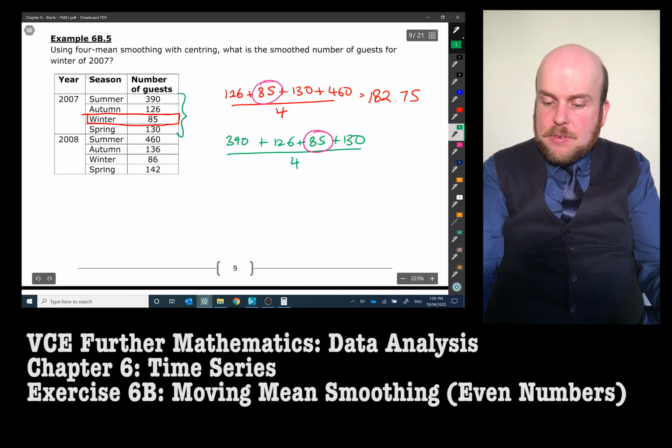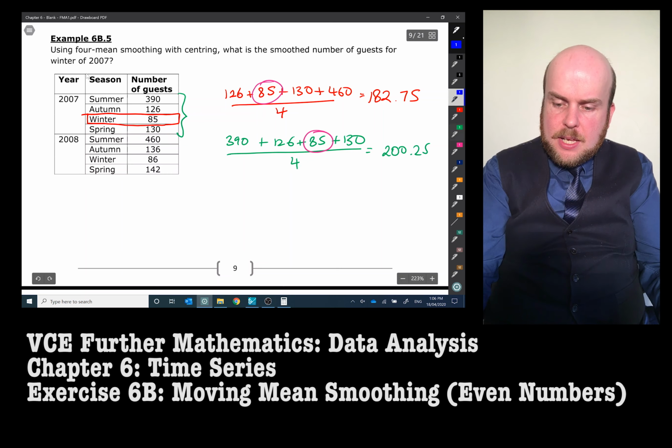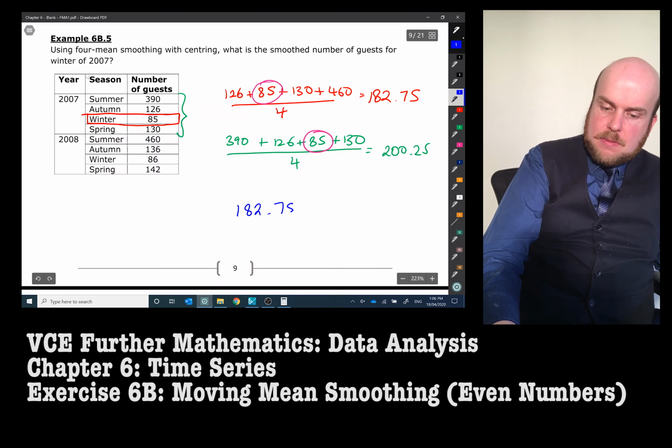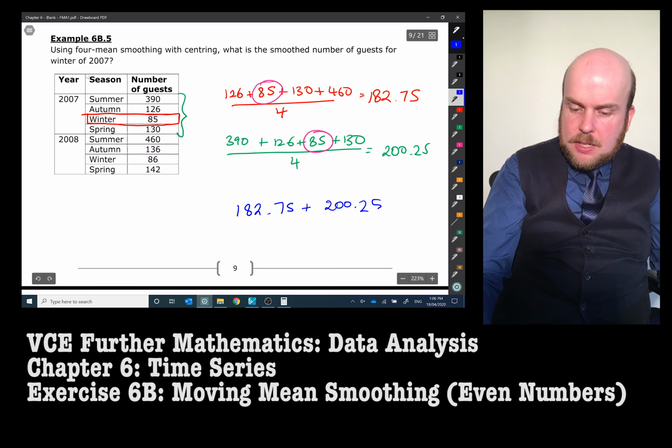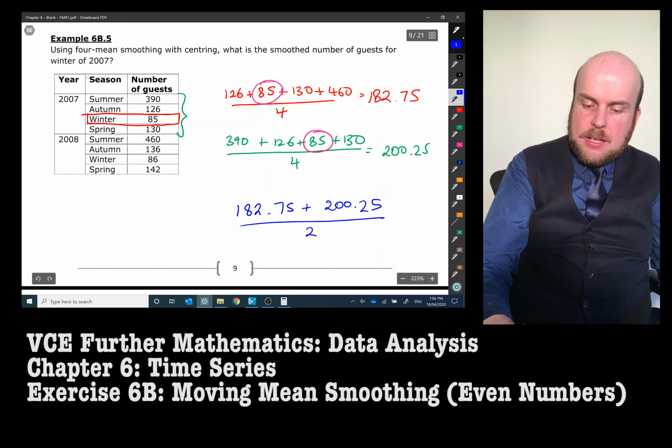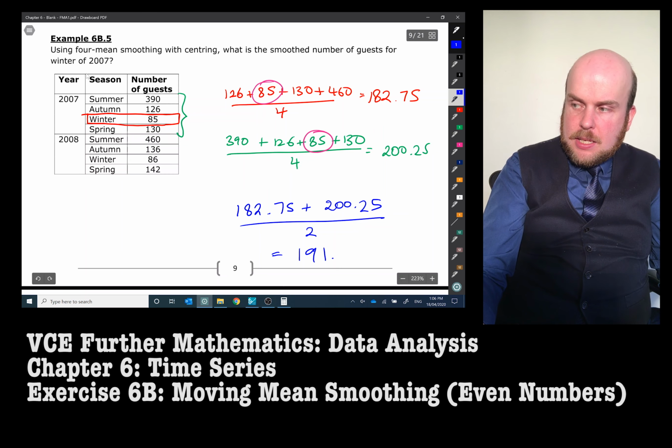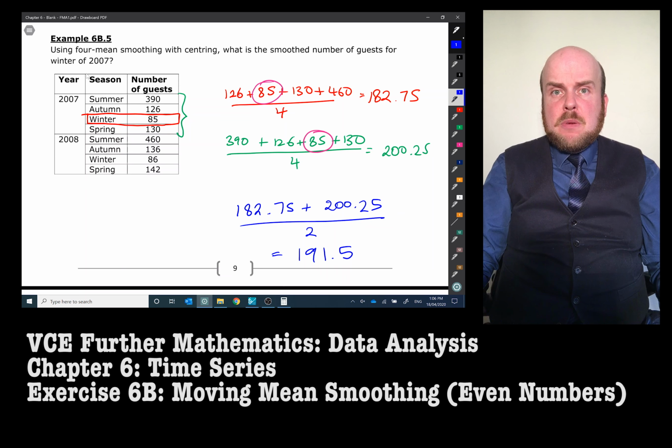When I put these 4 numbers in, I get 200.25. So therefore the mean with 4 mean smoothing with centering is equal to 191.5.